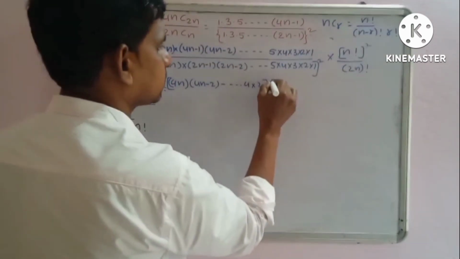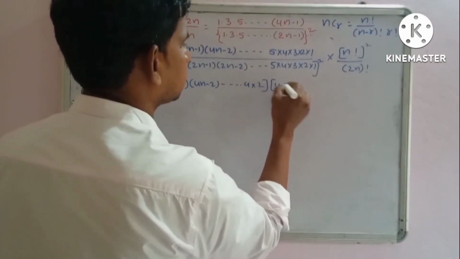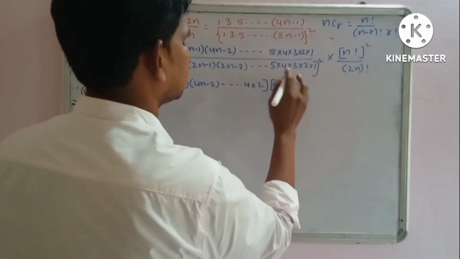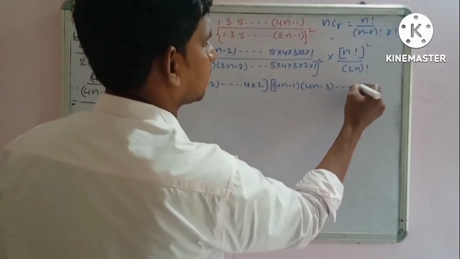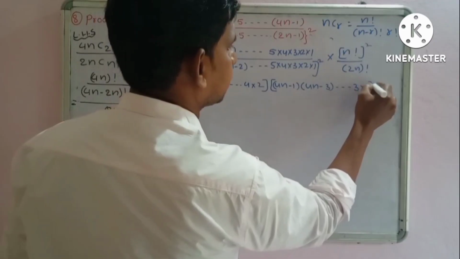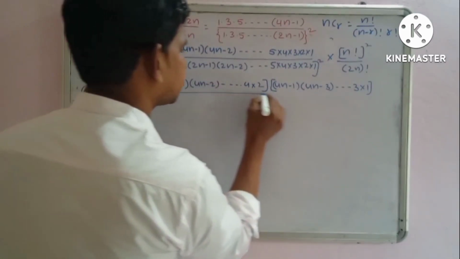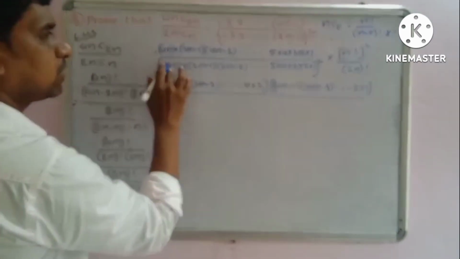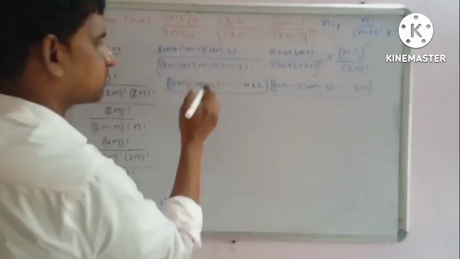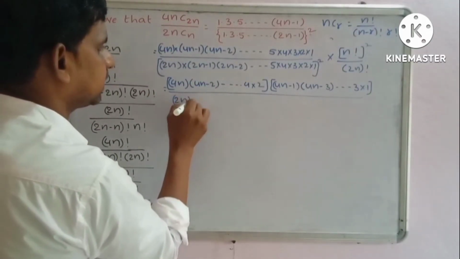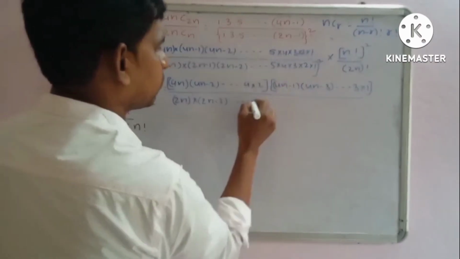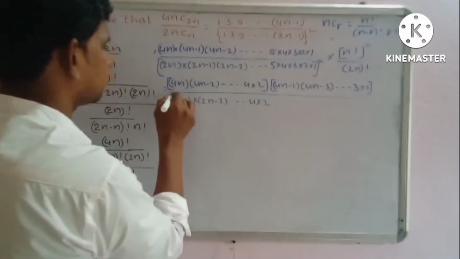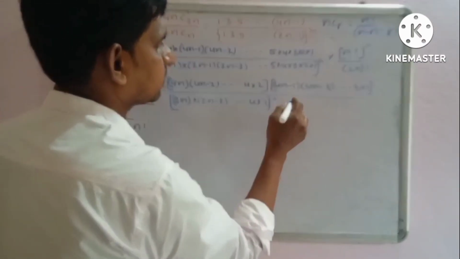Odd terms: 4n minus 1, next 4n minus 3, and so on up to 3 times 1. By 2n factorial, here also separate even terms and odd terms. Even terms: 2n, next even term is 2n minus 2, and so on up to 4 into 2, square.